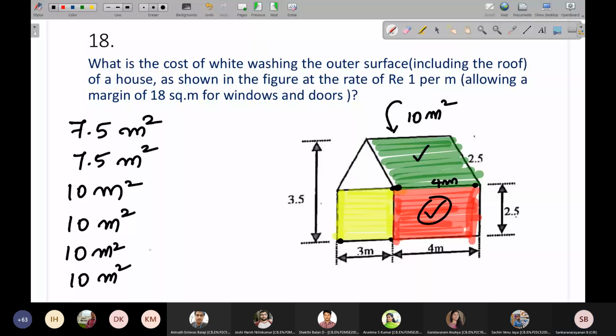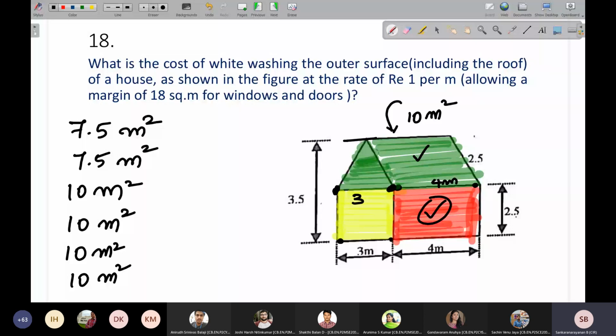All right. Now, what is left out? Can anyone tell me what is left out here? The area pertaining to this triangular region. If you consider this triangle, the base length, from this point to this point, is 3 meters. Can anyone tell me what is the height of this triangle by observing this 1 meter?